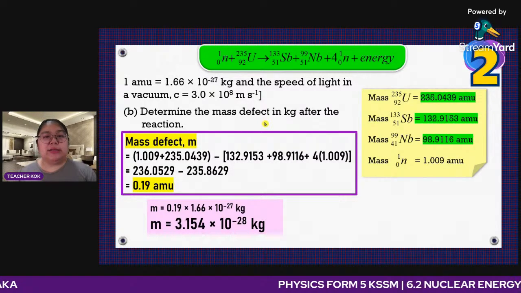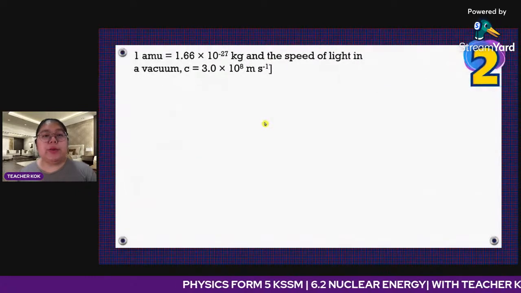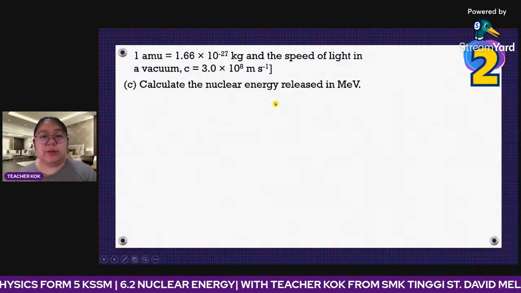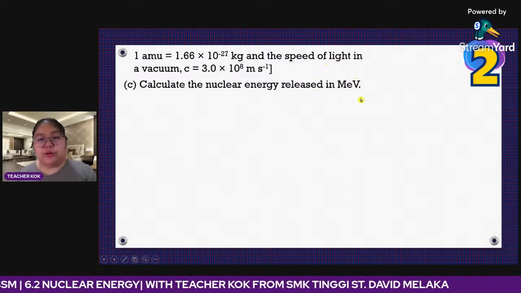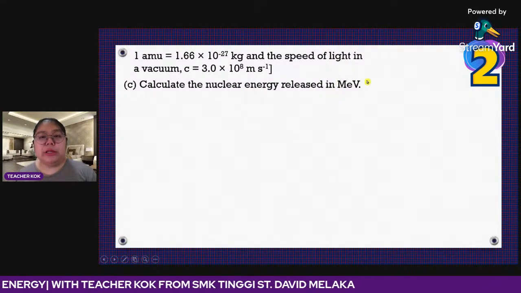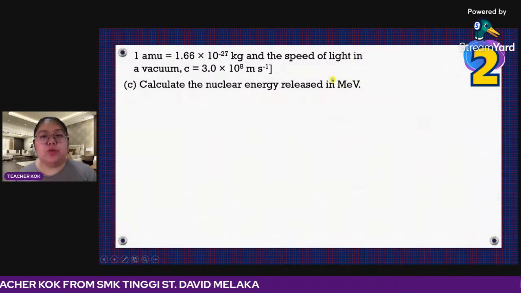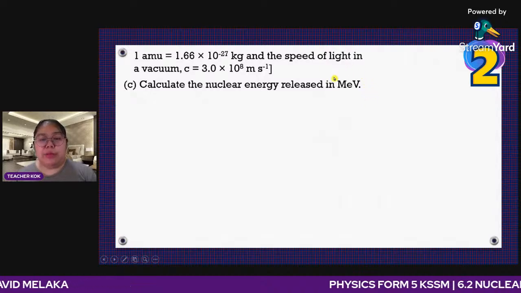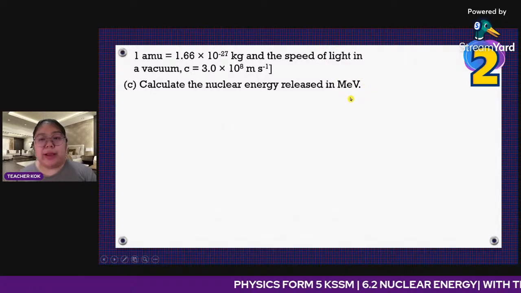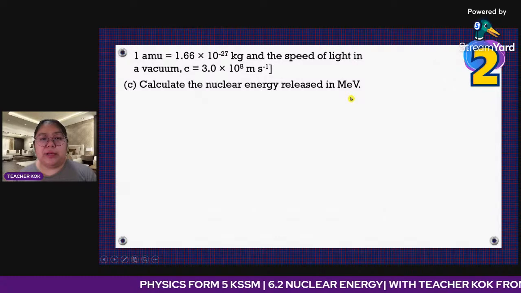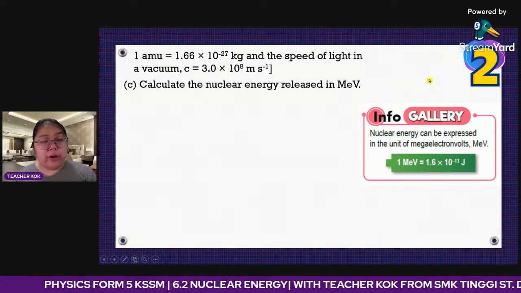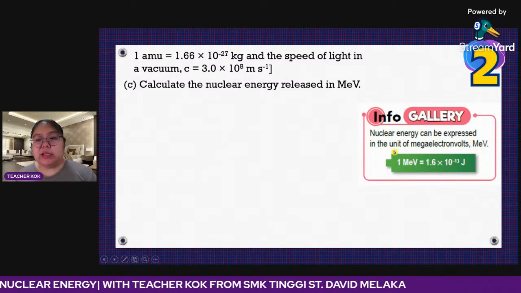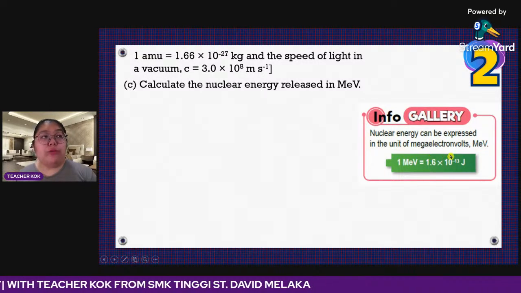After that, part C, surely they want to find the nuclear energy. So we just apply it. One more thing to tell you. You can see this word MeV. That means they don't want joule. They want the unit in MeV, mega electron volt. They give one piece of info here: nuclear energy can be expressed in the unit mega electron volt.